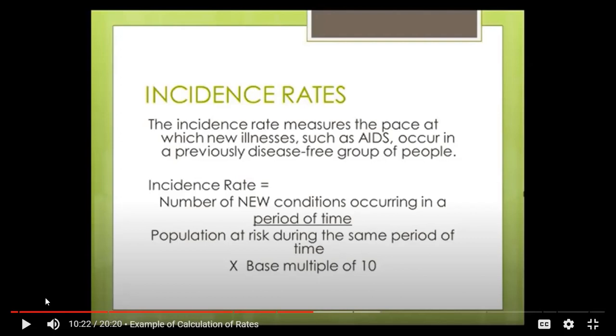What next? Time divided by the population at risk during the same period of time, multiplied by a base multiple of 10. So this is a measure of the probability that people without a certain condition will develop that condition over a period of time.